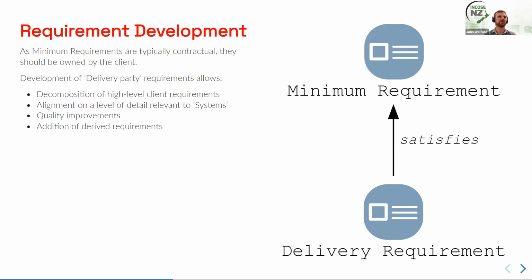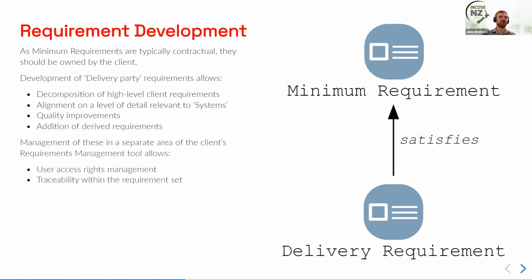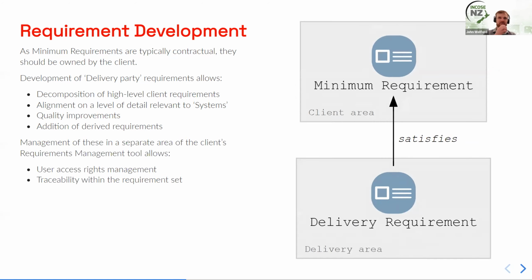And it's also an opportunity for us to make quality improvements where we need to clarify exactly what a minimum requirement means. We can do that in our delivery requirements set, and we can also add in derived requirements. And typically those will be coming from a variety of different sources, which we'll talk about in a moment.